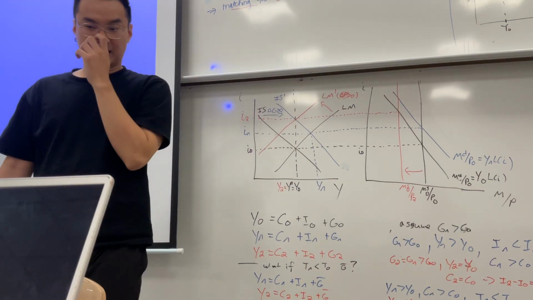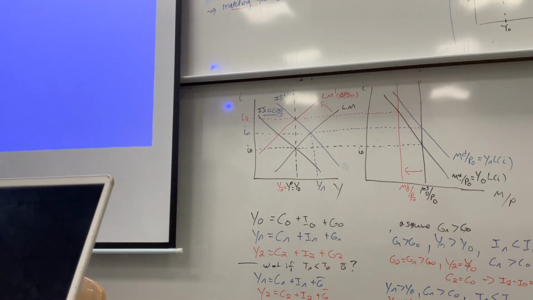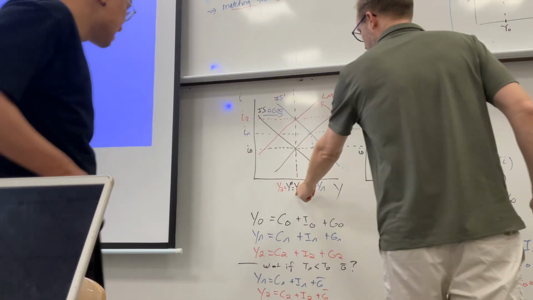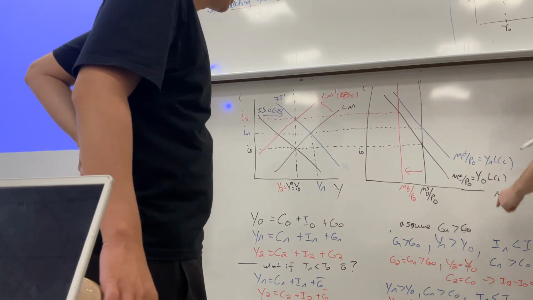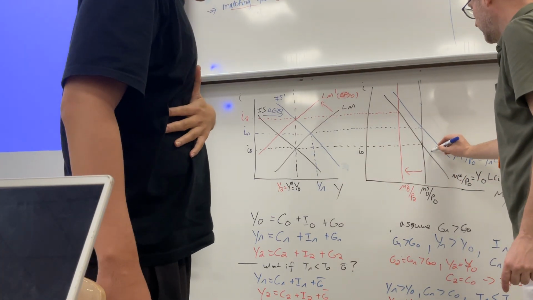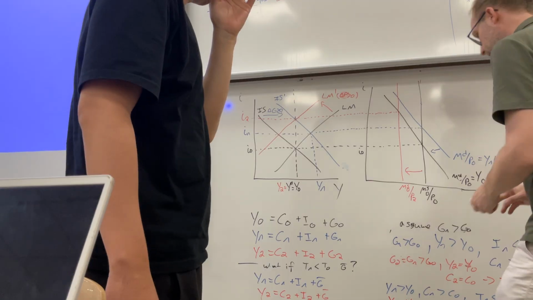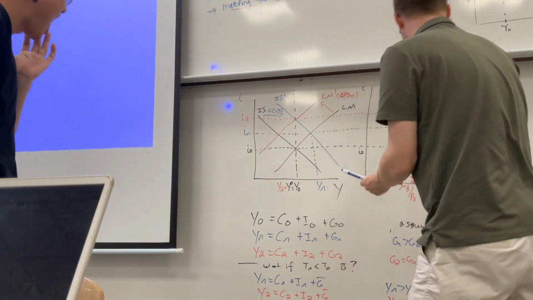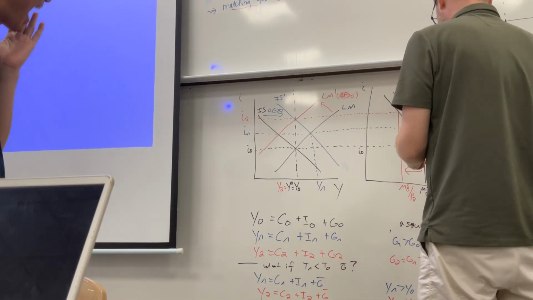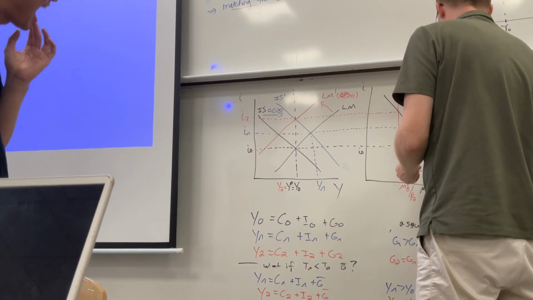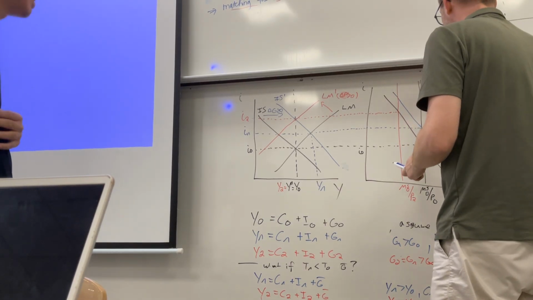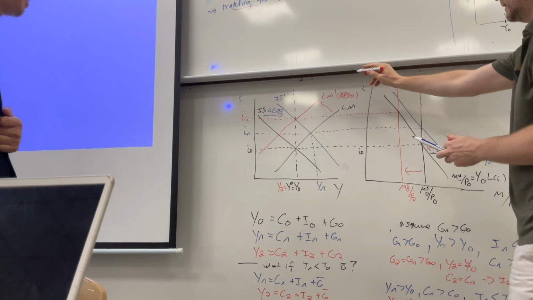So the first thing that we notice then is Y goes back. So in terms of money demand, the money demand then must go back. And we have the shift out, and the shift back in the long run, right?